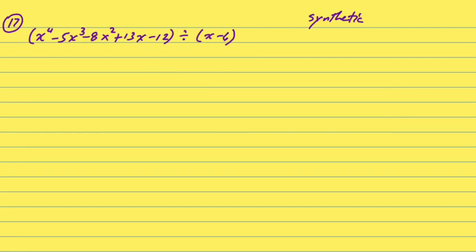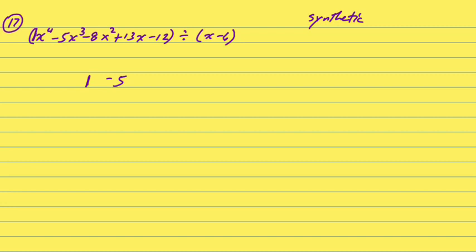Okay, after 7, I was asked 17. This one they want us to do by synthetic. For synthetic, you have to make sure all powers are represented in decreasing order. X to the 4, x to the 3, x to the 2, x to the 1, x to the 0. Apparently they're all there. So I bring down my coefficients. The first coefficient's a 1.